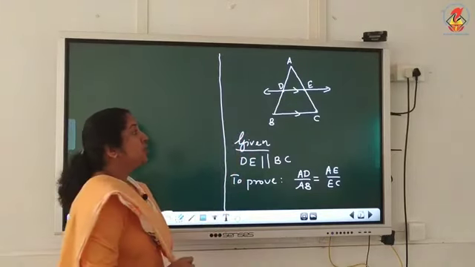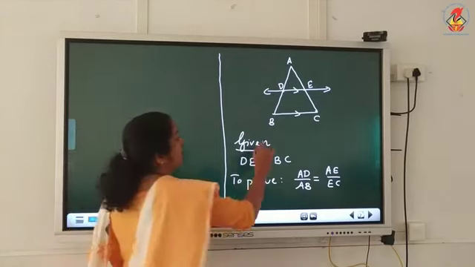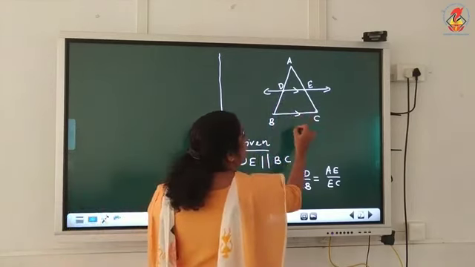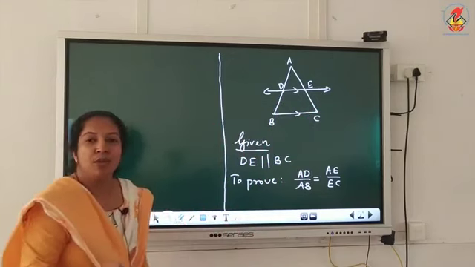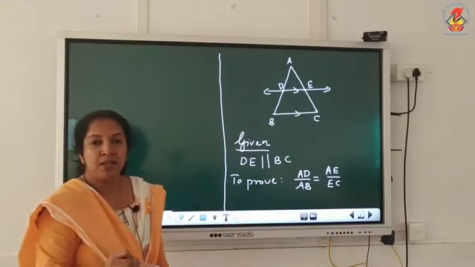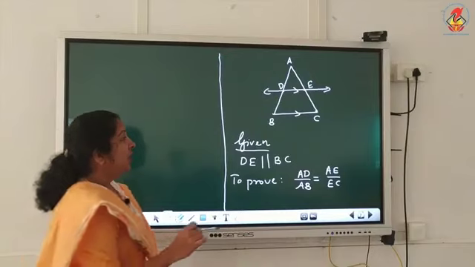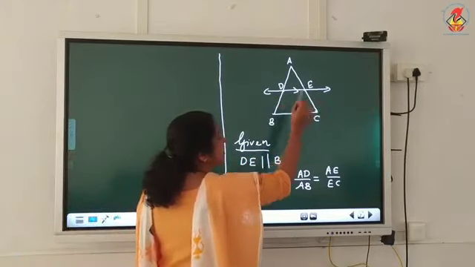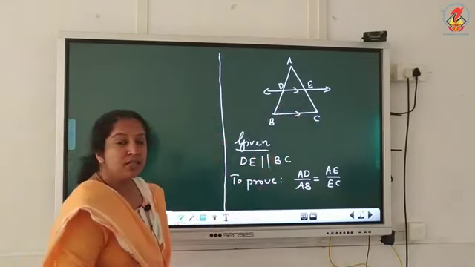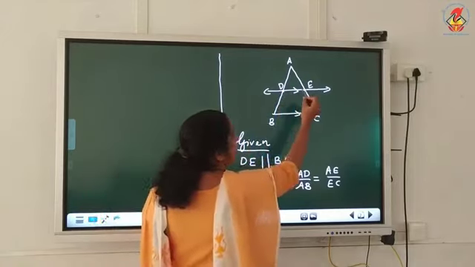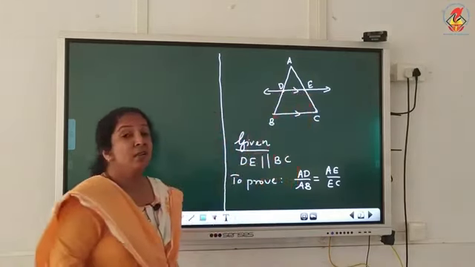DE is parallel to BC. DE is parallel to BC means here we can apply the BPT. If a line is drawn parallel to one side of a triangle to intersect the other two sides at distinct points, then the sides are in proportion.